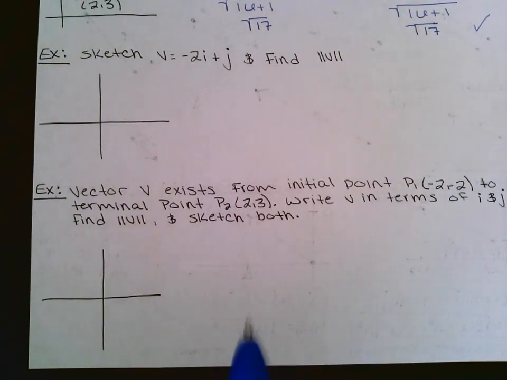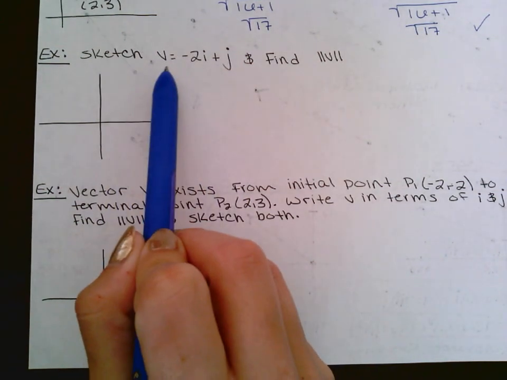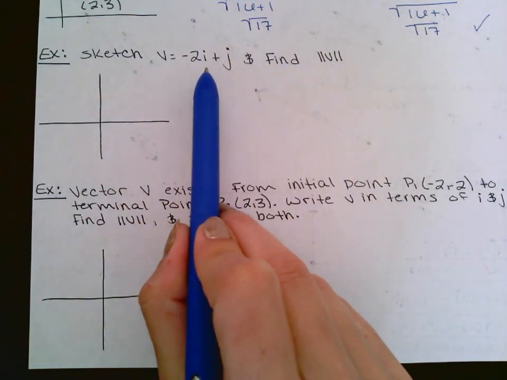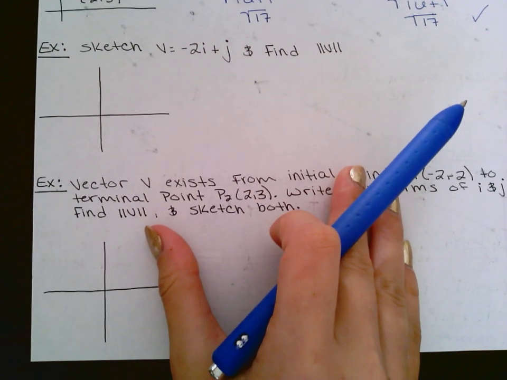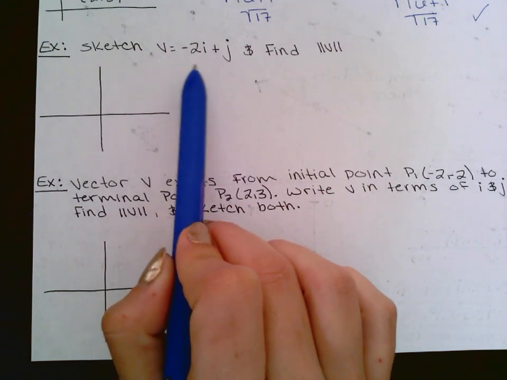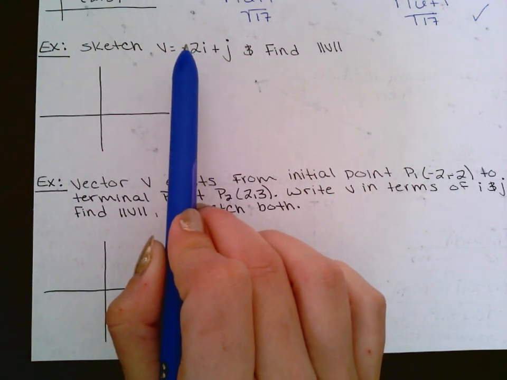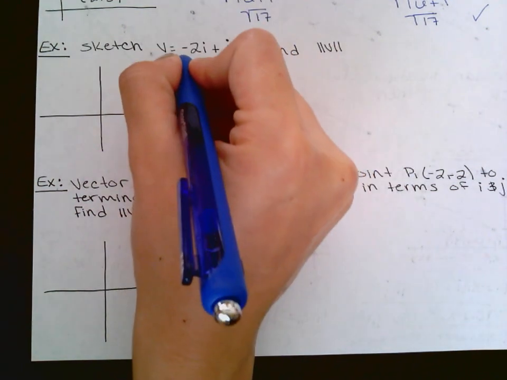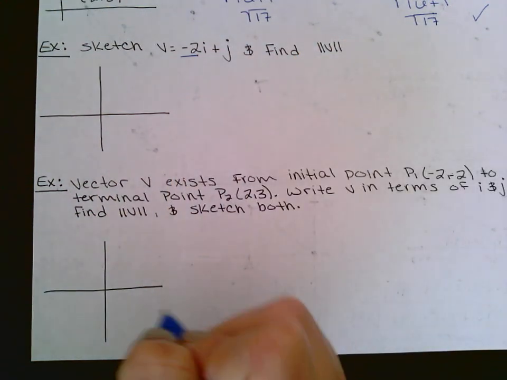The next question says, sketch vector v and find its magnitude. Let's start off by noticing that vector v is given to us in standard form. Remember, this is in alphabetical order, so the first number in front of the i is my a, negative 2. That's going to represent my x.